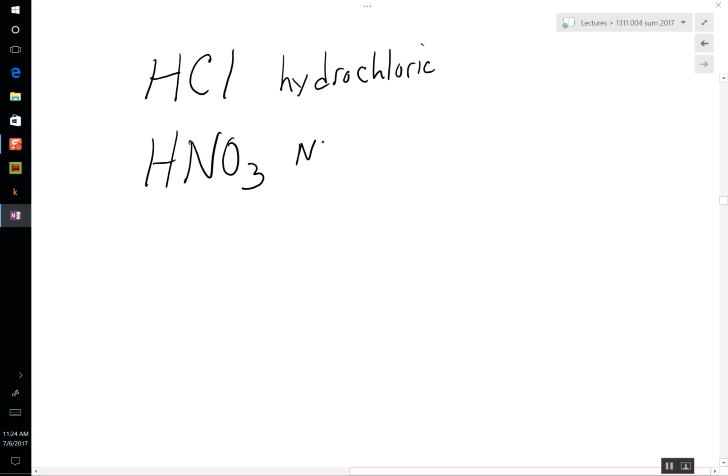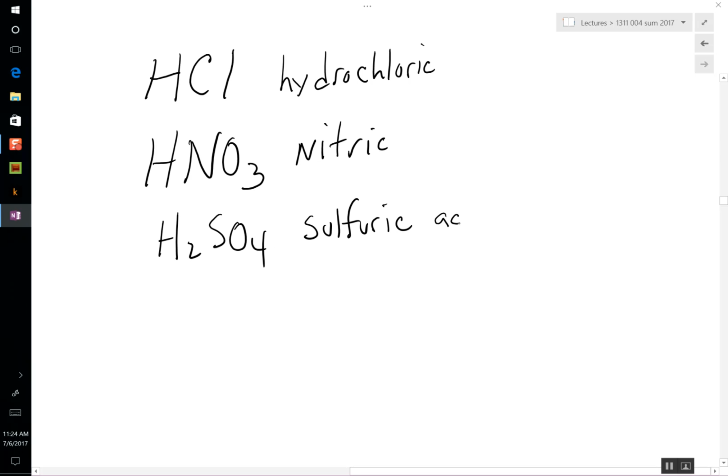This is nitric. This is sulfuric. You know that the SO4 minus 2 ion is the sulfate ion. H2SO4 is sulfuric acid. Nitric acid. Hydrochloric acid.